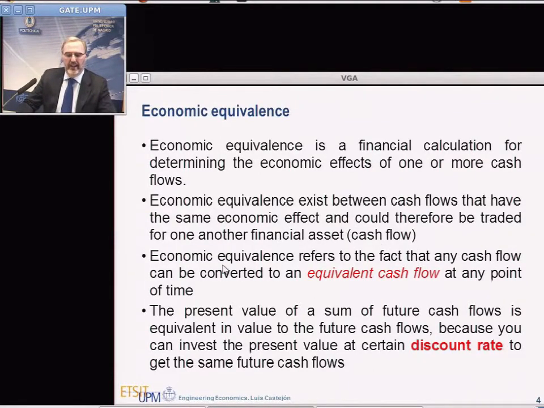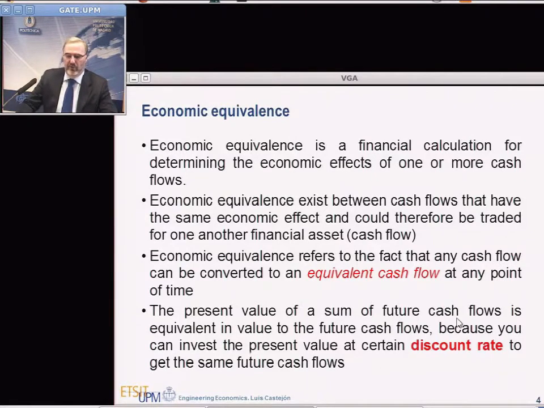Economic equivalence refers to the fact that any cash flow can be converted to an equivalent cash flow at any point in time, mainly to today. The main point in time used is today. So any cash flow, as we have seen, can be converted to an equivalent amount of money today.